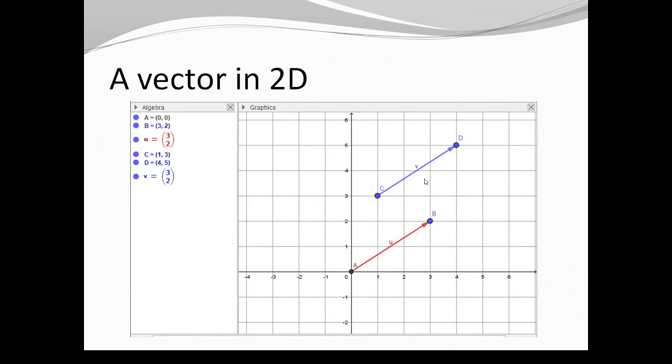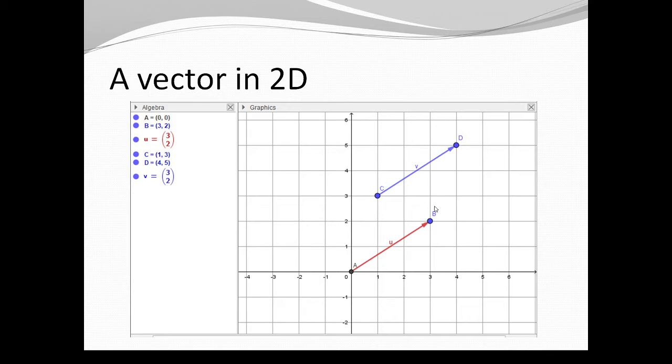The same idea can be represented by AB, where A is at 0, 0, the origin of the Cartesian system. From 0, 0 to 3, 2, we are doing the same thing. Therefore, CD and AB, these two vectors are exactly the same. It does not matter at all how and where you put a vector.